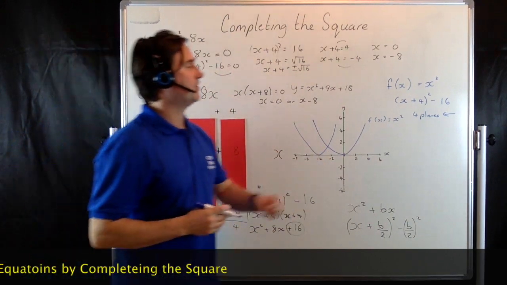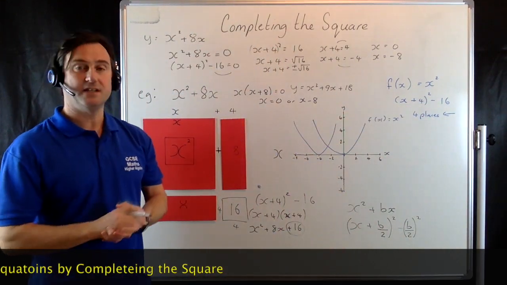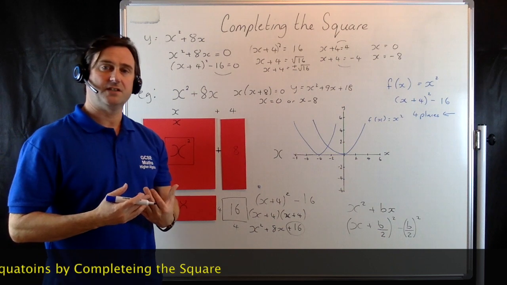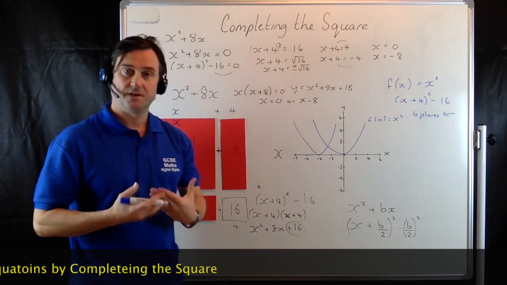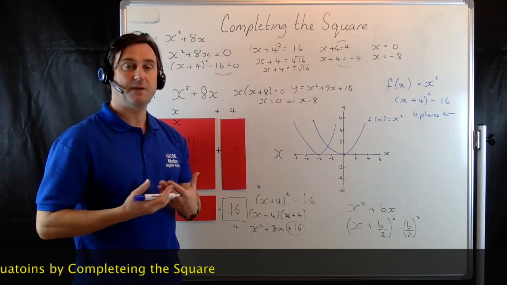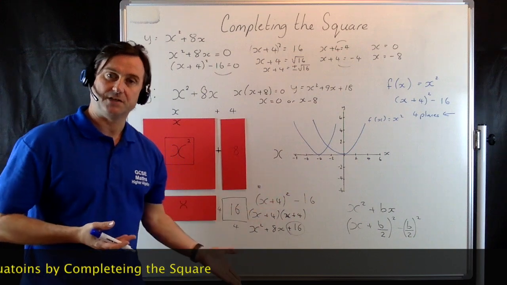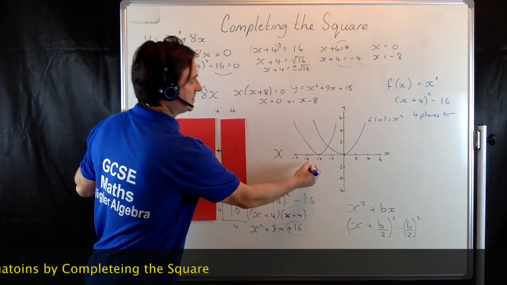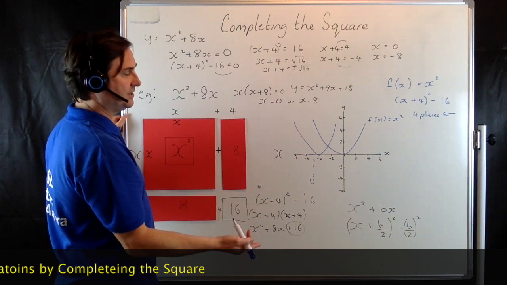But then we've got another transformation taking place. We have to take away 16 at the end there. Now that's outside the brackets, so that's a vertical shift, and it's going the way you'd expect it to go. So that's shifting it vertically down the page. So this curve's moving all the way down to negative 16.